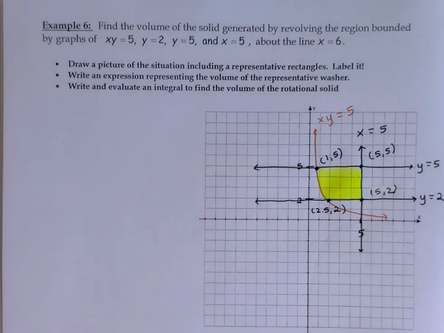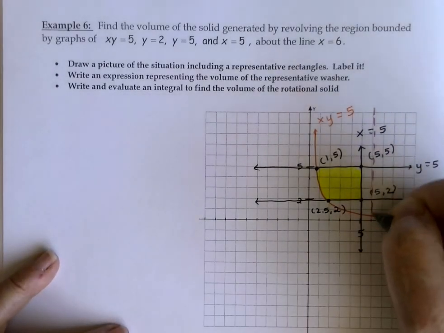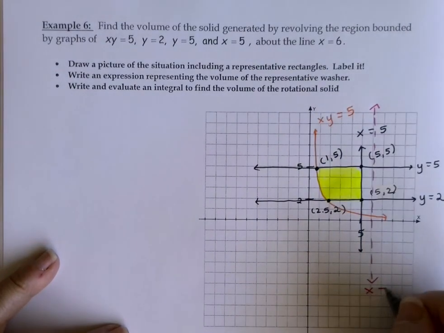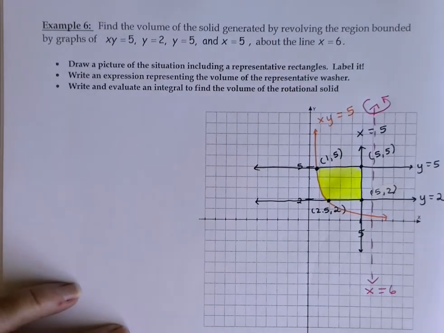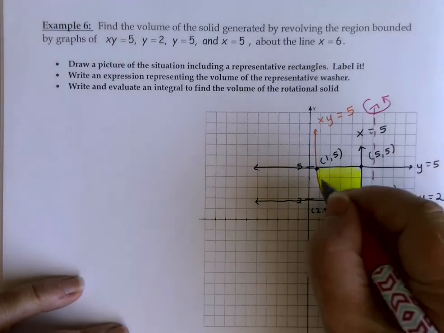We are rotating around the line x equals 6. So there's the axis of rotation. Our representative rectangles have to be perpendicular to the axis of rotation, so in this case, that would be horizontal. I'll draw capital R from the axis of rotation to the graph that's further away.